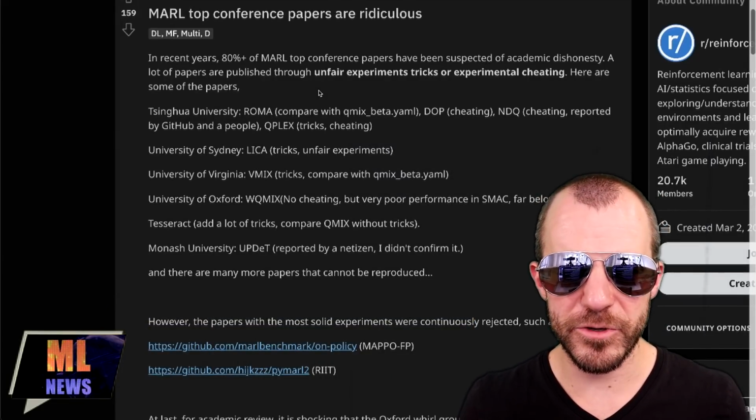Essentially what you want to do is just implement really crappy baselines and then have your model be bigger, more powerful, take a longer time, have more information, and do a better hyperparameter search. Essentially what we're used to from the entire field of machine learning, but the subfield of multi-agent reinforcement learning, because it's super noisy and the experiments are mostly not standardized, apparently has a particularly large problem with this.